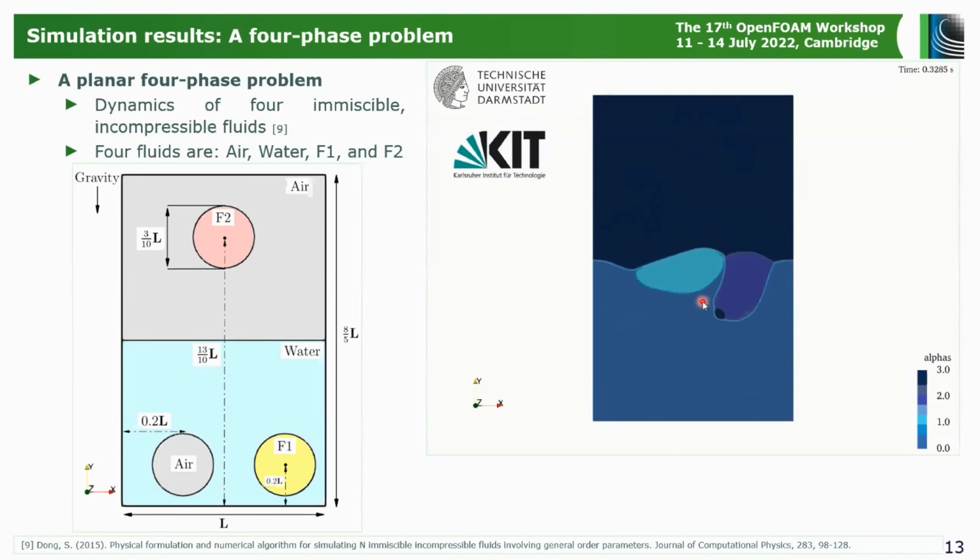These results were also compared. Obviously, there is no experiment for this work. In general, for 4 or 5 phases, there are very few numerical works, and I'm not even sure if there are any experiments. So these results compared very well qualitatively with the literature.